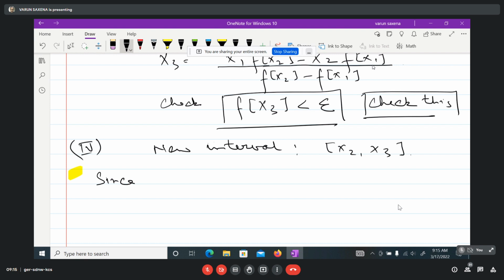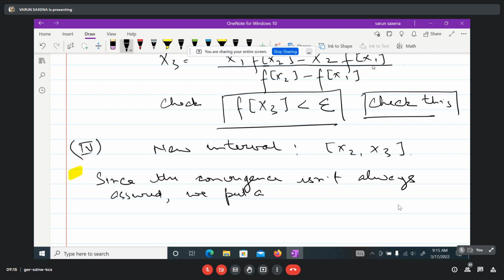So since the convergence isn't always guaranteed or assured, we put a limit to the number of iterations.